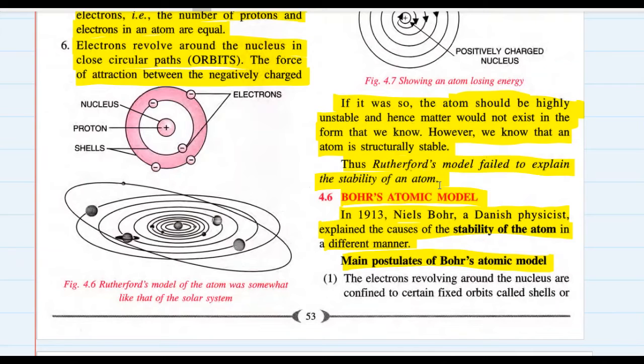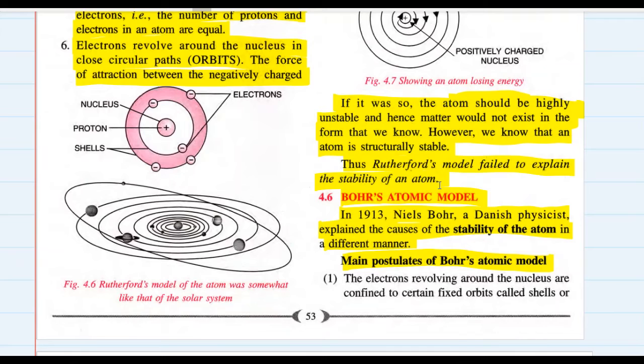So Bohr came into the picture, and he gave some very strong proofs with the help of his research and experiments that this is how an atom is. Let alone the nucleus and the shells around the nucleus in which electrons revolve, how are these electrons distributed? He gave that answer.